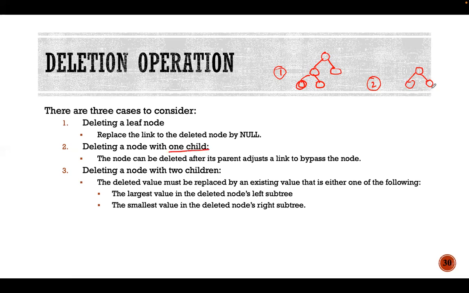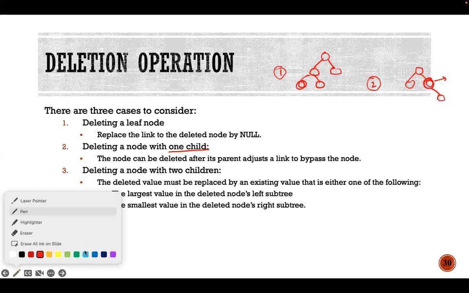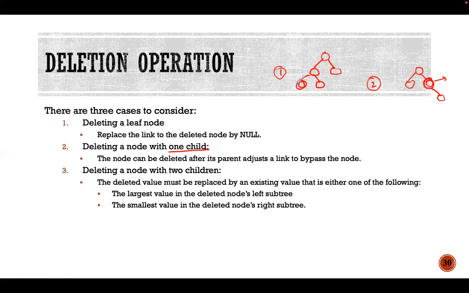Say, for example, let's say we're trying to delete this node. Let me use a different color. So here, let's say we are trying to delete this node. This is our option one, when the node we are trying to delete is a leaf node. Option two is we are trying to delete a node that is a parent node, but it has only one child.